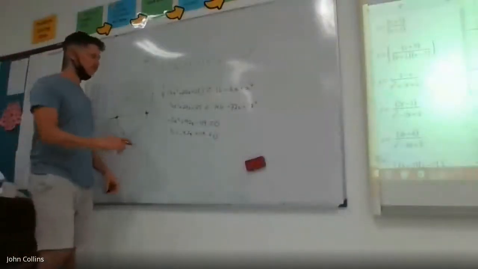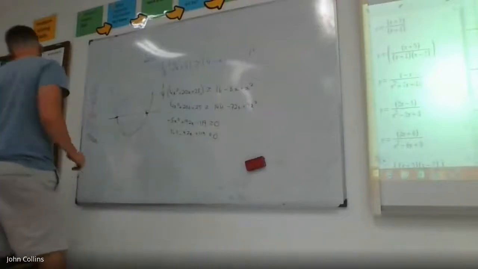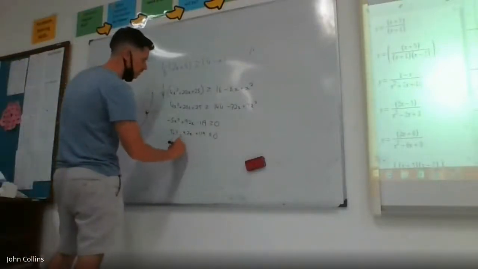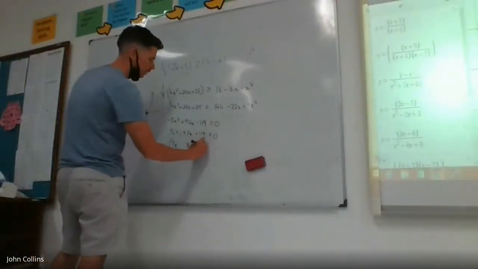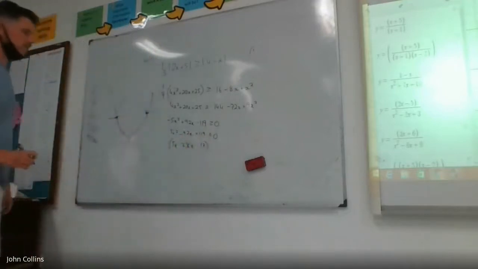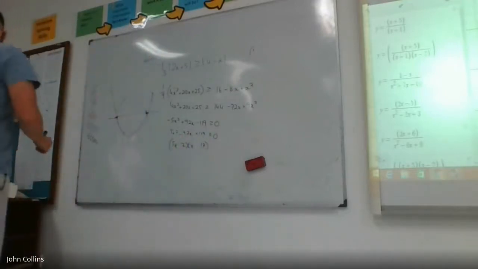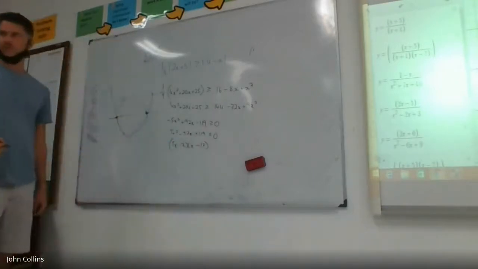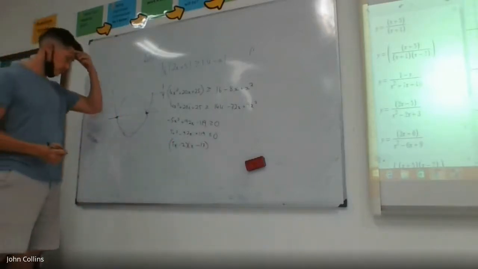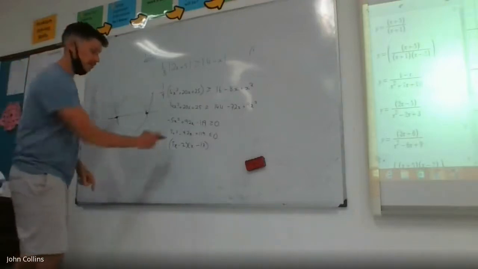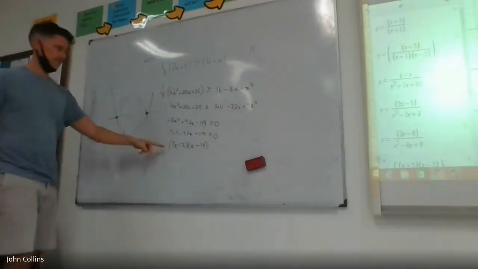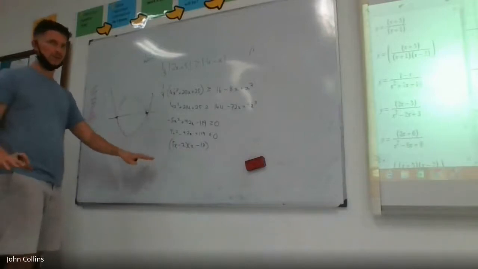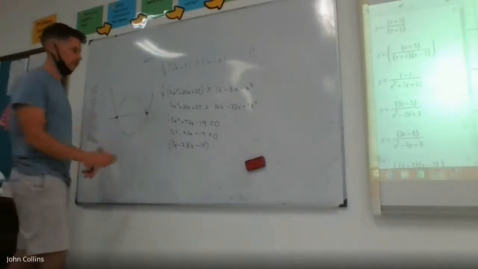Oh no, it's actually factorizable, isn't it? 17 and 7 works. But if you didn't know it, you could have just used the quadratic formula to solve this. I switched it when I did it, because I have the minus here, it's just a mess. If you want to use the quadratic formula, just go straight from here.